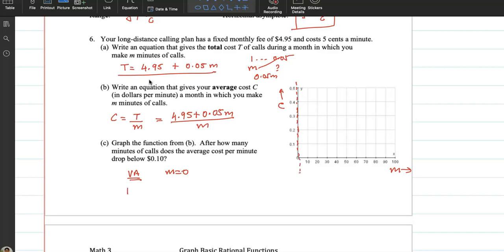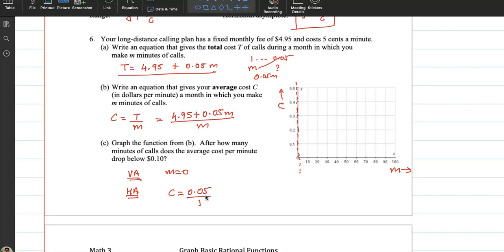What's your horizontal asymptote? The coefficient of x in the numerator and the coefficient of x in the denominator. So the coefficient of m here is 0.05. So C is equal to 0.05.